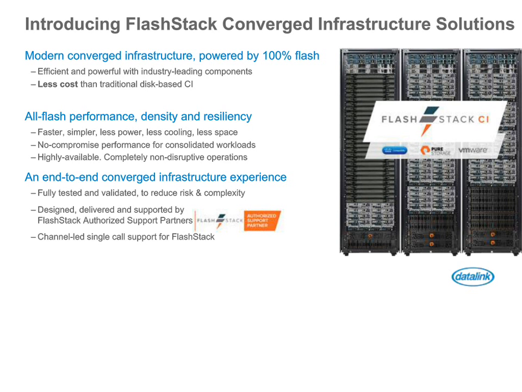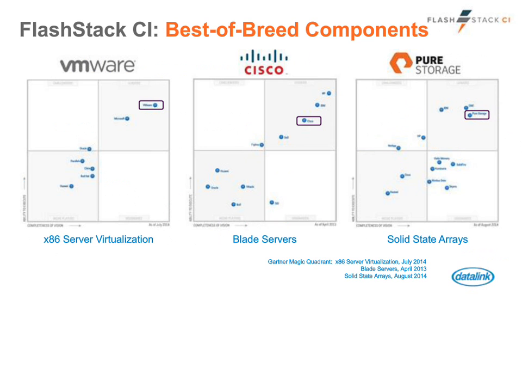Essentially, when you sign up to implement a FlashStack offering, our support in North America for all the components within the FlashStack offering is being done by Datalink. So you always have to call one support line, and that one support line is the Datalink support line. Datalink will act as the single point of contact for any support-related issues that come up with the FlashStack converged infrastructure offering.